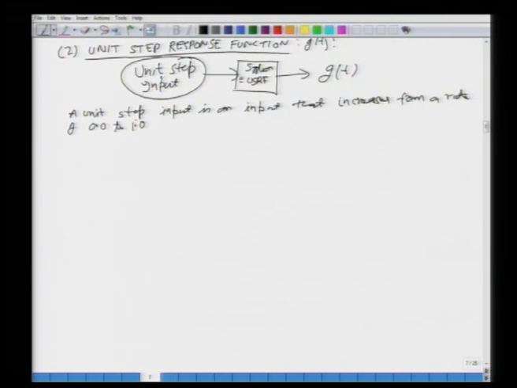So, from 0 to 1 the rate, at time 0 or initially in the beginning. What does that mean? Instantaneously, and continues indefinitely or continuously thereafter.